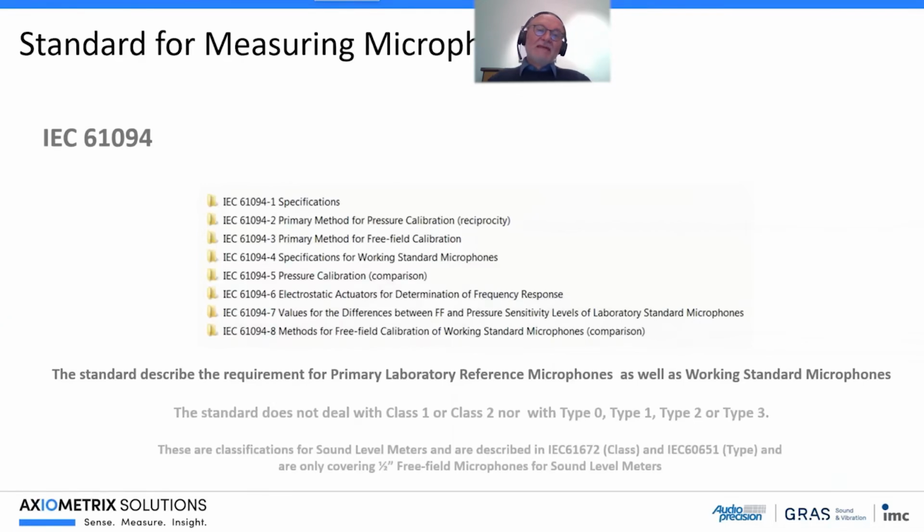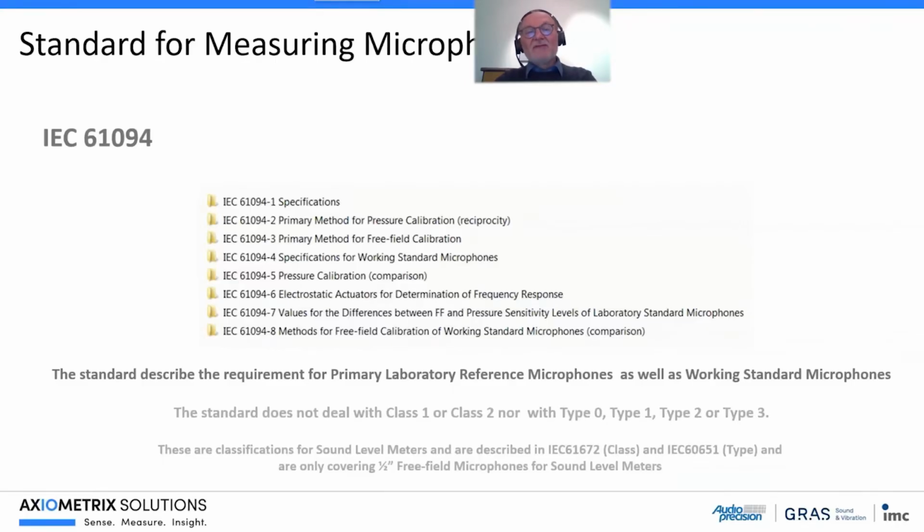It is the sound level meter standards which deal with classifications. It's the IEC standard 61672, the new sound level meter standard, that deals with class, and the old sound level meter standard, IEC 651, deals with types.